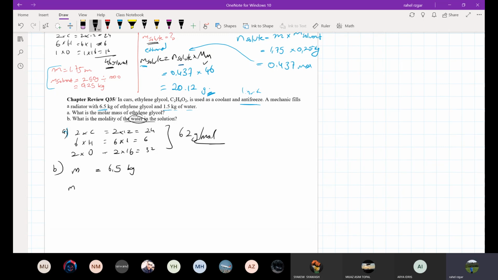Second mass is 1.5 kilograms, which is H2O. This one is C2H6O2. Which one do you reckon is the solute or the solvent?